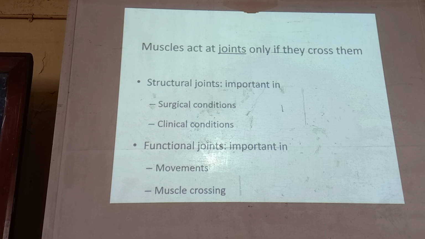It will also involve the superior radio-ulnar joint, because they share a common joint capsule. The joint capsule decides how much the infection should spread. When you want to approach the elbow joint, you can approach either of the three complexes, because surgically they are one joint, clinically they are one joint, but functionally they are three separate joints.